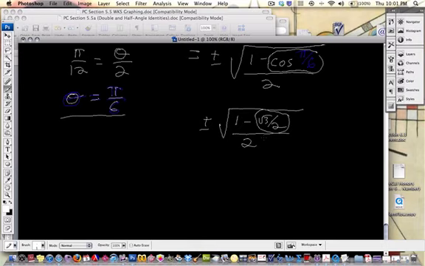Again, we want to add these two fractions we've got in this giant denominator here, so that 1 is going to have to match up with the denominator of the other term. We're going to write that 1 as 2 over 2. Now that's going to become 2 minus root 3, and that's all divided by 2.